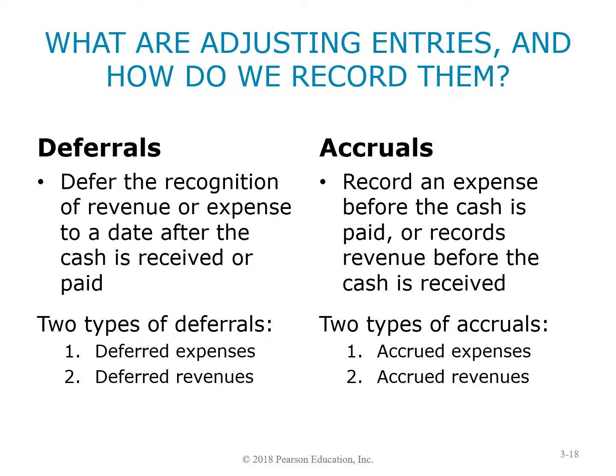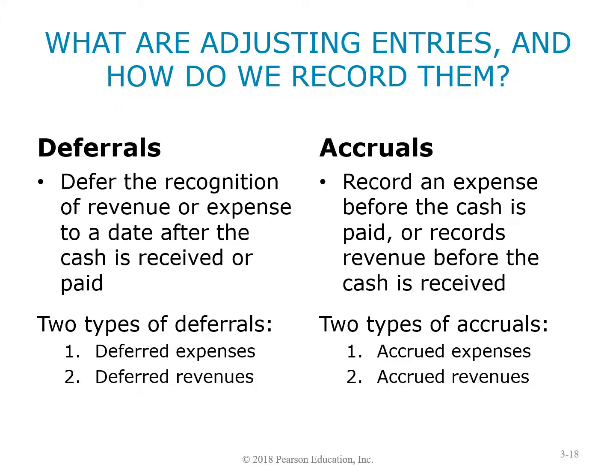Okay, accruals are easier. Accrued expense means you just record the expense, but you haven't paid it yet. So it will always include a payable. Accrued revenue means that you have earned the revenue, but you have not received cash yet. So you record revenue, but you haven't received the money yet, so it will always include a receivable.